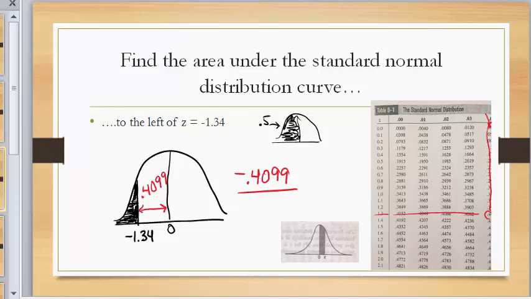I'm going to take off the part that I don't want, which is the 4099. And that should leave me the area of the shaded region. So when I subtract those two, I get 0.0901, which is the area of that shaded region.